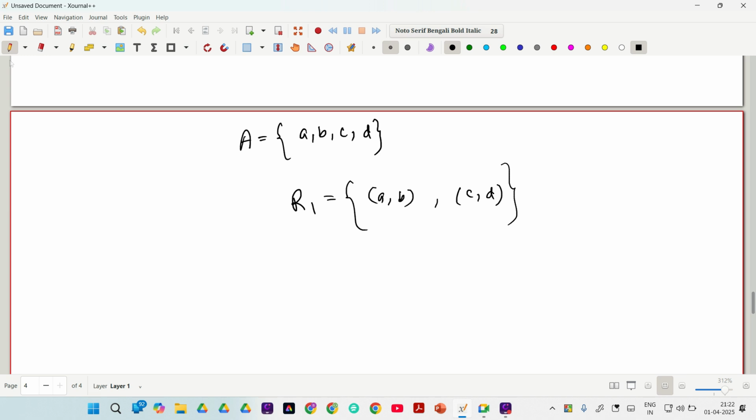Because in (A, B) and (C, D), there is no common element between these two pairs. There is no common element, so we cannot find (A, C) belonging to R. Okay, this is the right argument.